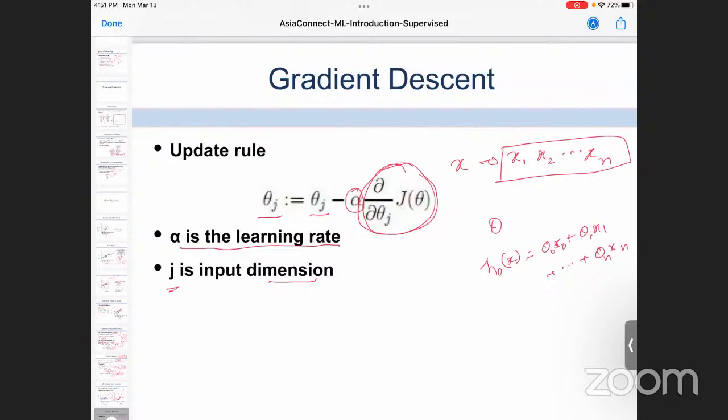So theta is one thing, but its dimension is n plus 1 here: theta 0, theta 1, theta n, right? This is the theta. So for each theta, each dimension, we have to find the derivative of the function with respect to that dimension multiplied by the learning rate. And we are just deducting this from our original estimate. This is how we are updating theta.